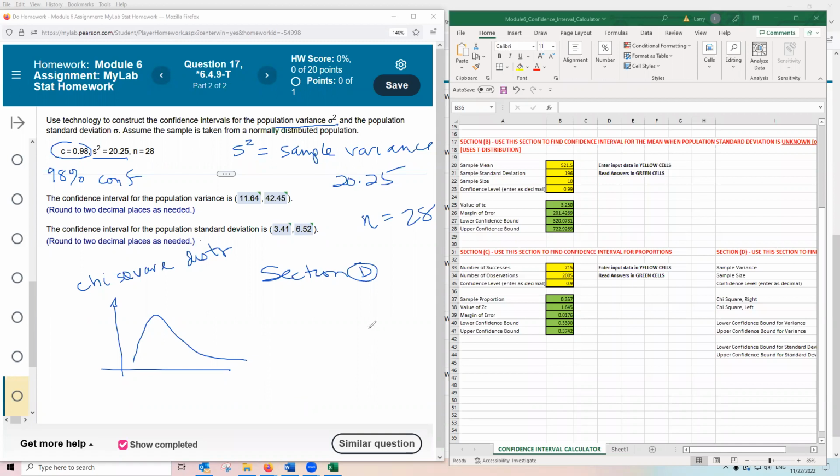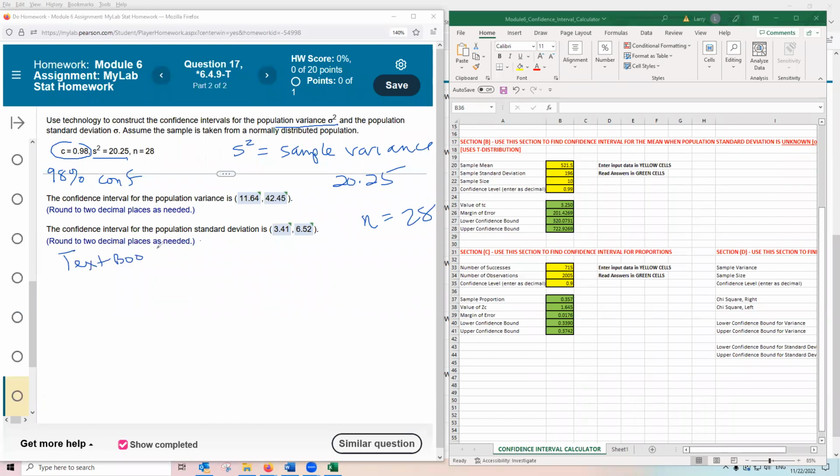Yep. So I'm going to the textbook. Let me erase a little bit of this stuff here. So I'm going to the textbook, section 9.12, and I'm going to page 304.